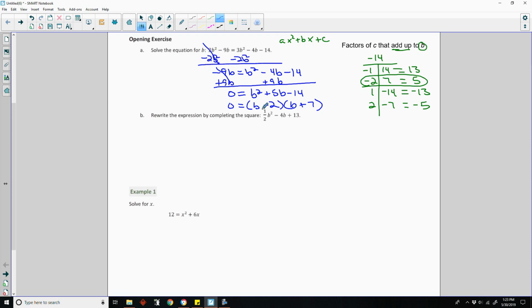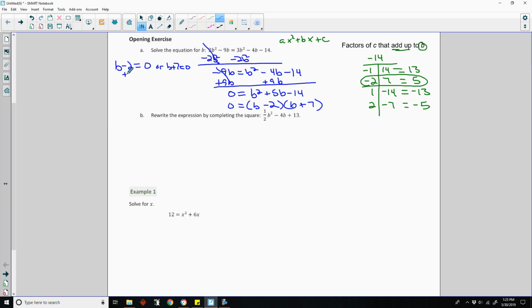If they're both 0, then 0 times 0 is 0. But they both can't be 0 if these numbers are different. Okay, so now to finish this, I need to take each of those factors and set them equal to 0. So I get b minus 2 equals 0, or b plus 7 equals 0.